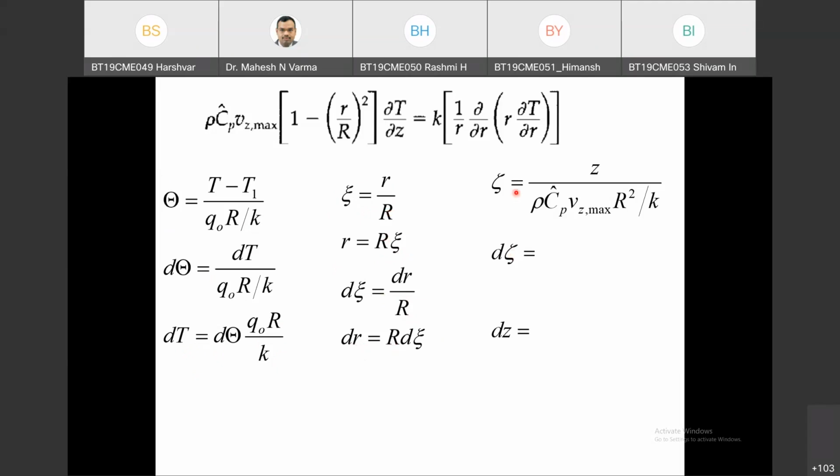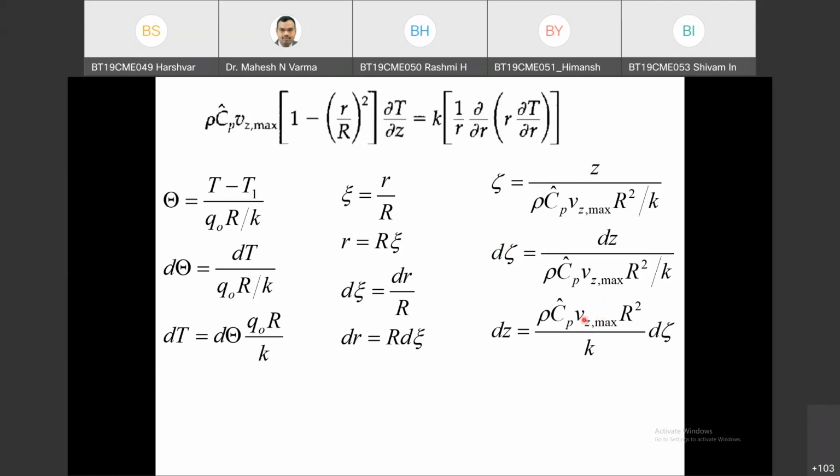Zeta equals z divided by rho Cp Vmax R square by K. The denominator is constant, so dz equals this constant multiplied by d zeta.